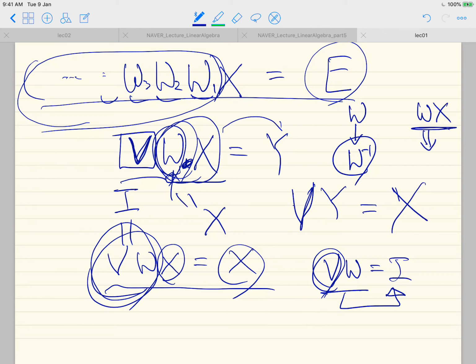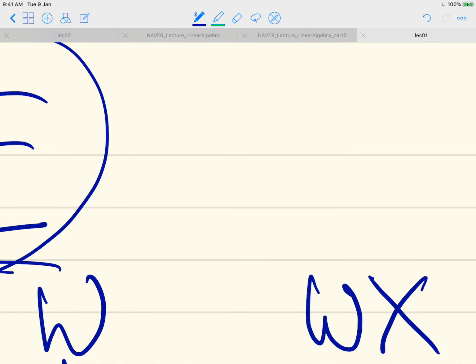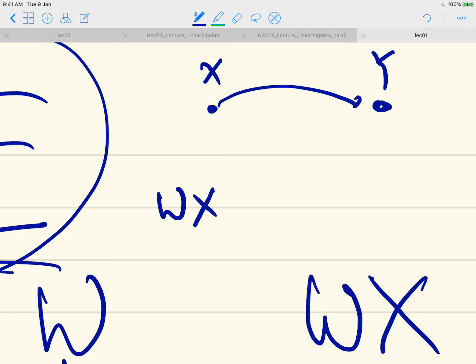That transformation is W, and applying W inverse, X should remain the same X. Pictorially, we have an X, and it will be mapped into some other matrix or vector. Given W, we can always send any vector X into some Y.